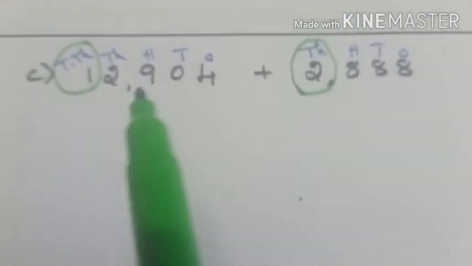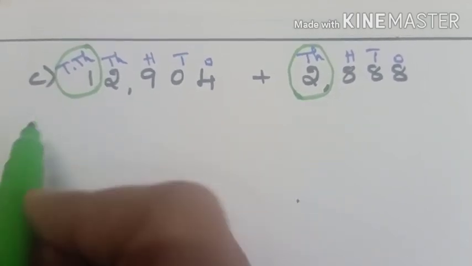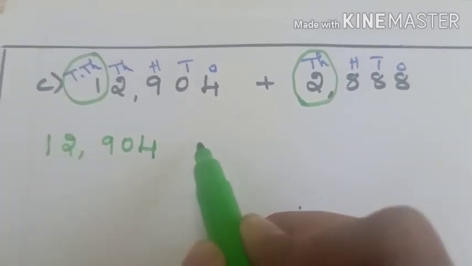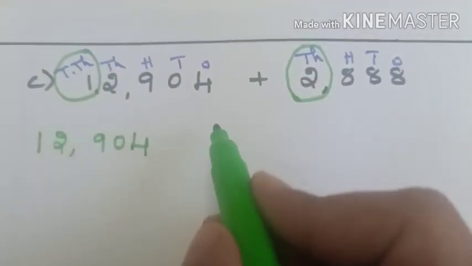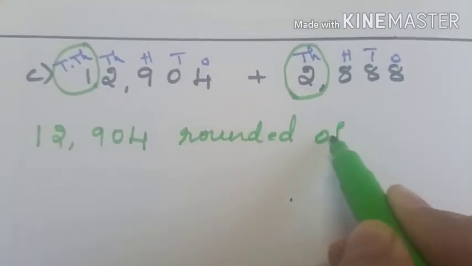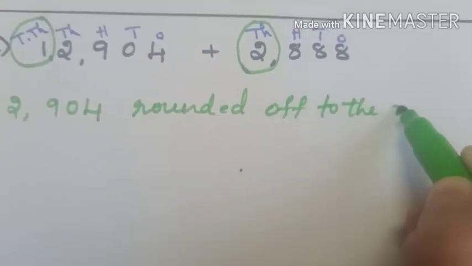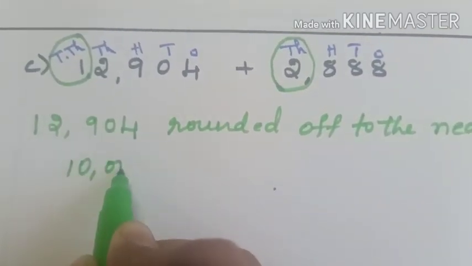So the first number is 12,904. 12,904 should be rounded off to the nearest 10,000.